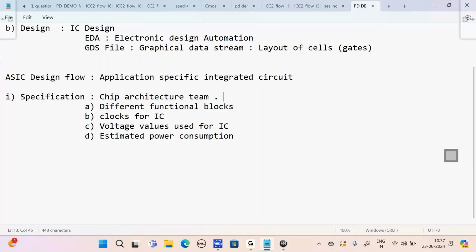So after specification, what is the next step? What is the next step after specification? Yes, it is RTL design.